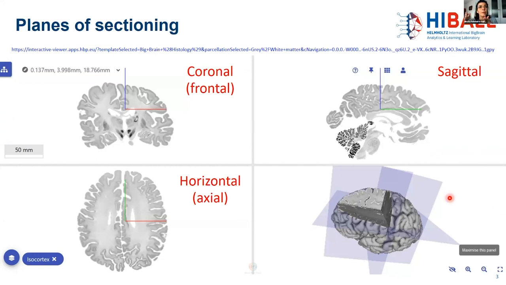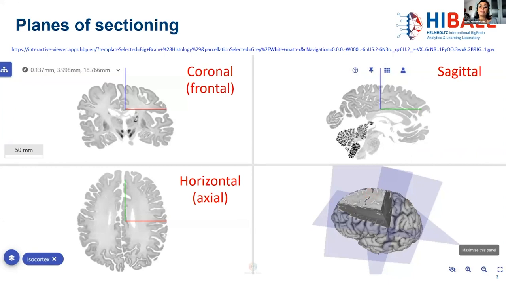And if this sagittal plane of sectioning divides the brain into 2 unequal parts, so if it's located more to the left or more to the right side of the brain, then we talk about a parasagittal location, okay?